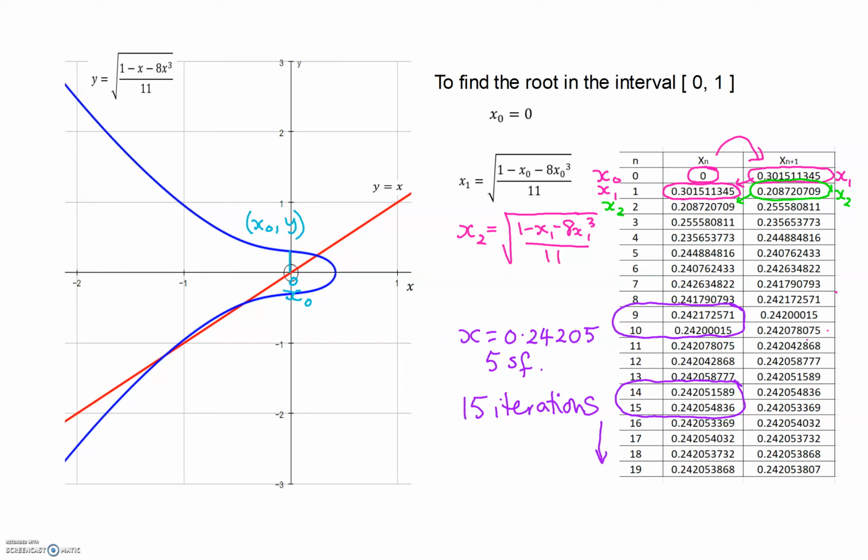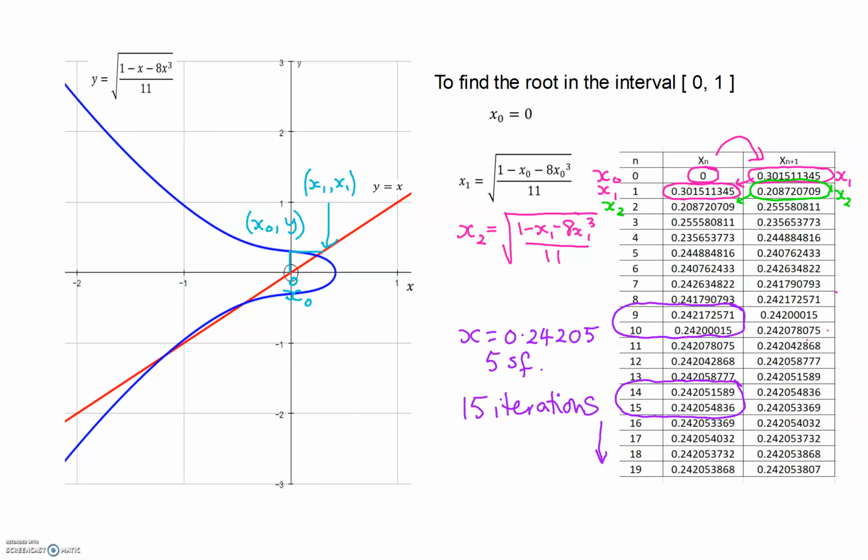And what we want to do is to transfer that new y coordinate to our x coordinate. We can do that graphically by going horizontally and moving across to our y equals x line. And what we have there is a point, and the coordinates at that point are going to be our x1.